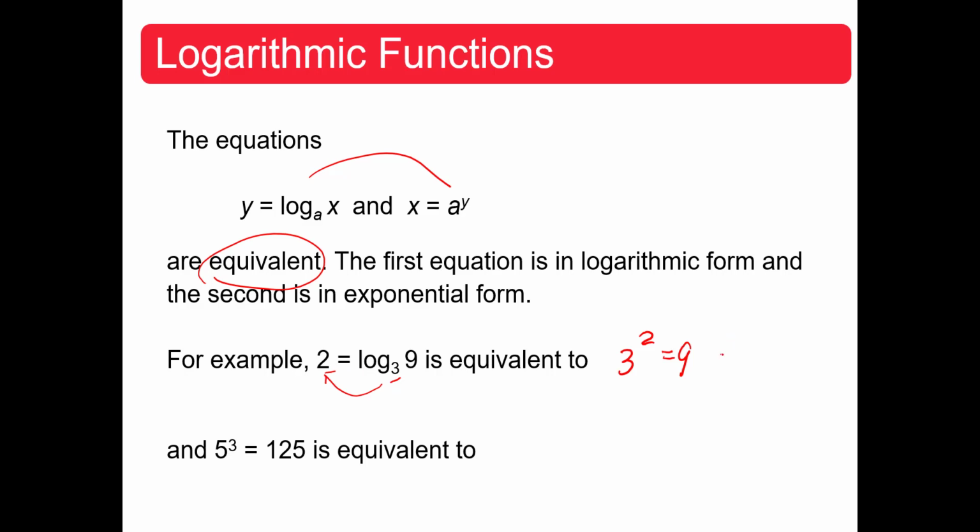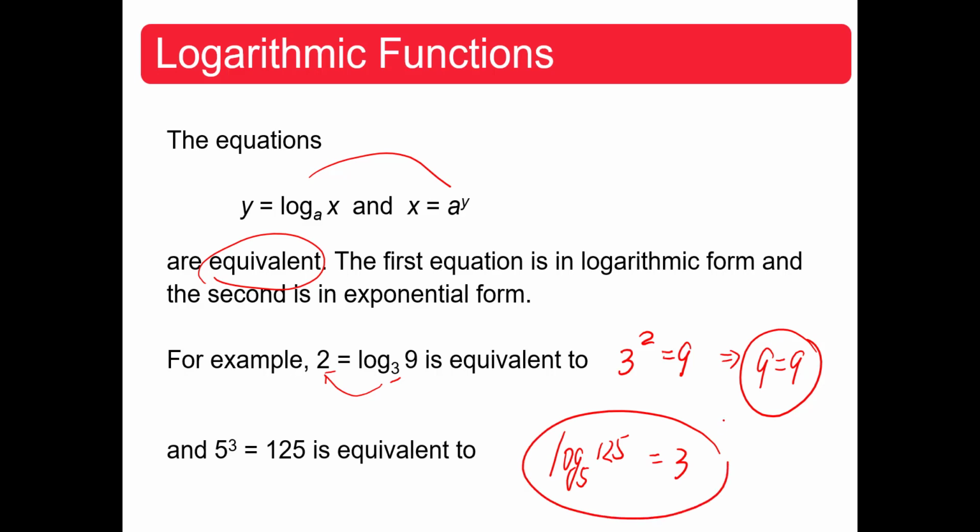That's true, right? Because 9 equal to 9. And here you can turn 5 cubed equal 125 into log base 5 of 125 equal to 3. Base is 5. The y value is 125. So log base 5 of 125 equal to 3. So converting the logarithm to exponent and exponent to logarithm.